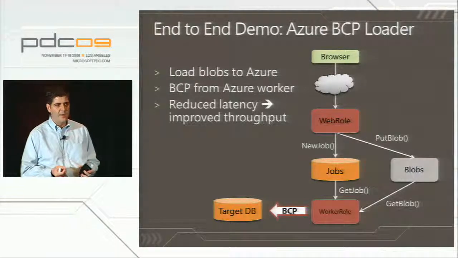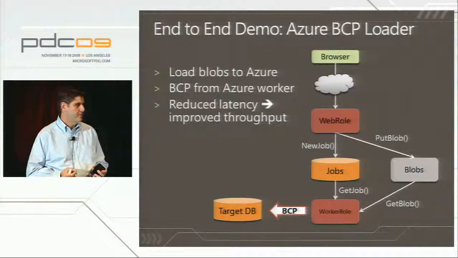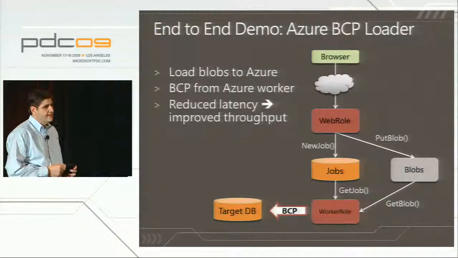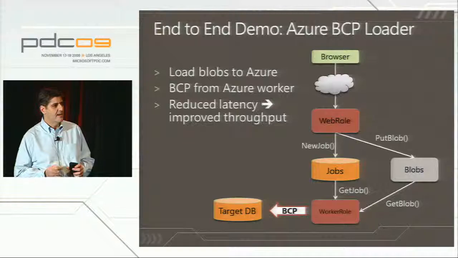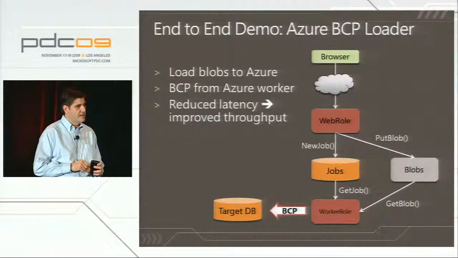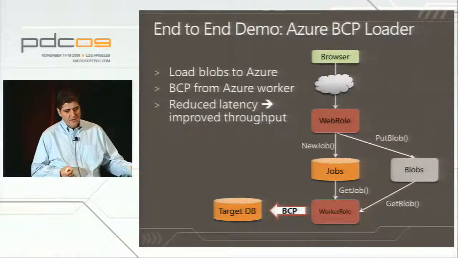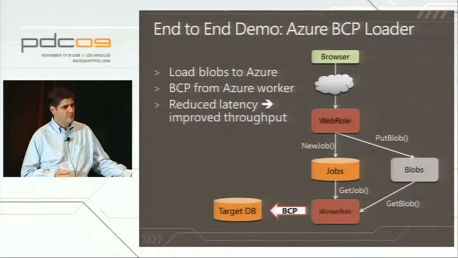One way is to use the Windows Azure infrastructure. Windows Azure supports blobs, and they have a very rich set of ways you can get a blob into the service and out of the service. You can parallelize the blobs and push them in, push them out.